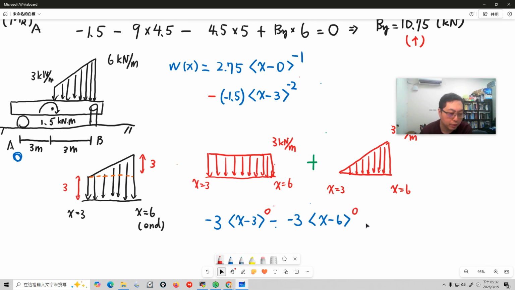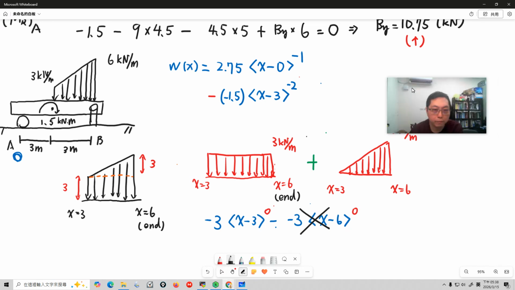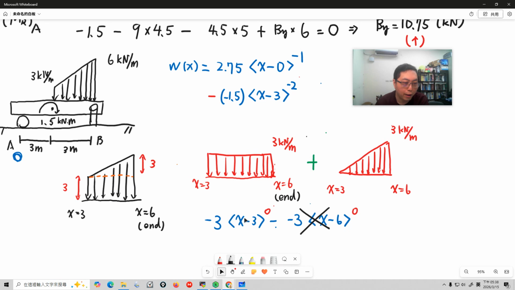But as I said before, if this is the end, you can ignore everything at the end, so this part we can ignore. In this problem, this distributed load is equal to this one discontinuity function.